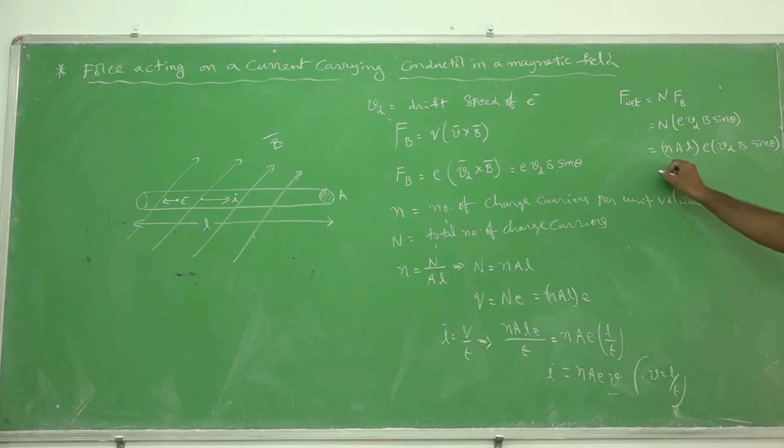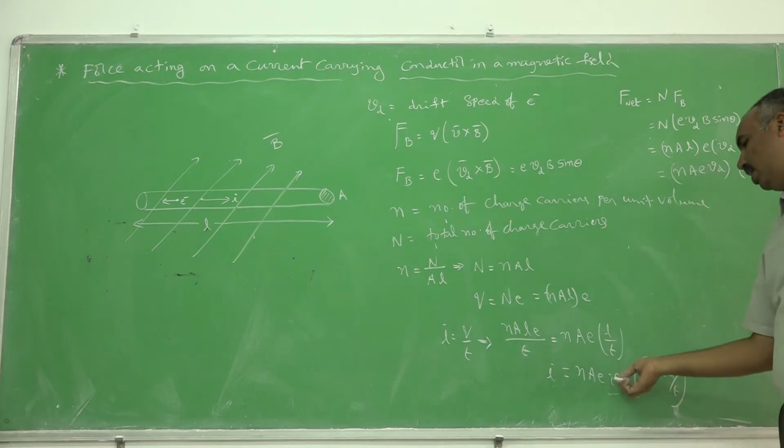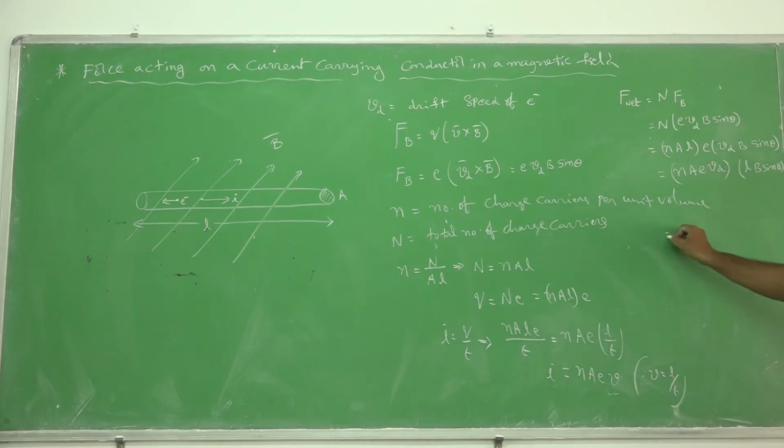Now, if I rearrange the terms, nAevd at one place and the remaining LB sin theta, nAevd represents the strength of current, so ILB sin theta. That is the net force experienced by the conductor.